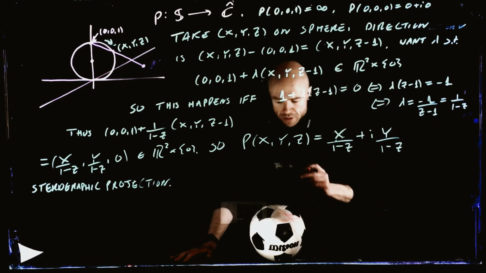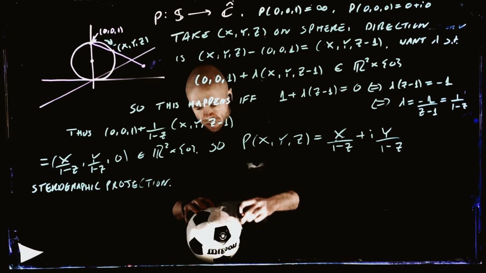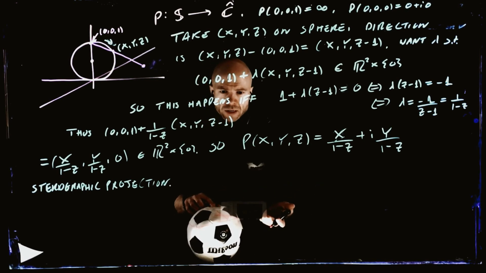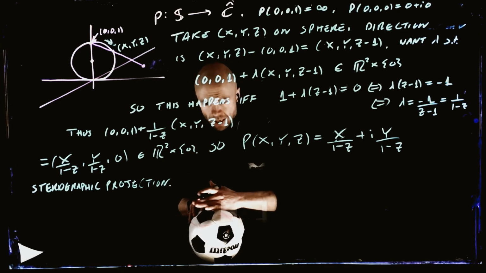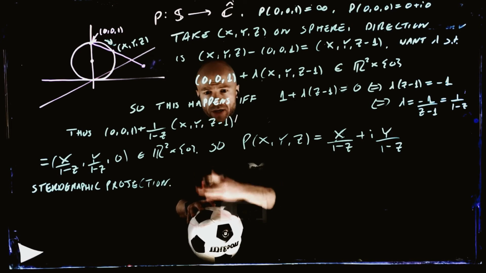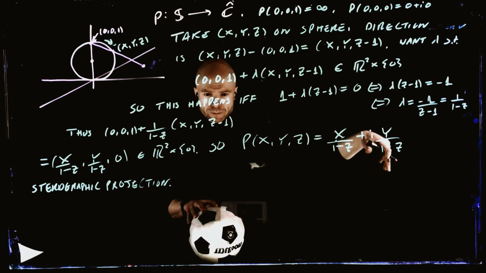What is even more interesting and surprising is that not only are circles like this, where we cut through horizontally, preserved, but if we take any other circle through the sphere, so we slice the sphere like this, for any other circle that doesn't actually intersect the top point here, then the image of that will also be a circle on the complex plane. And that's truly weird.